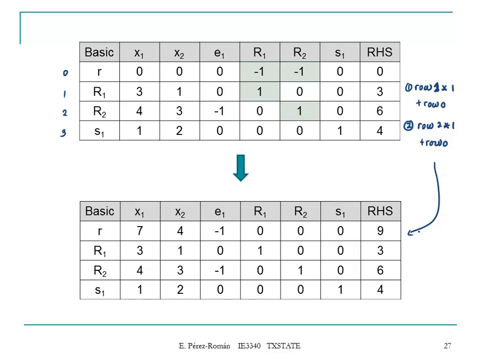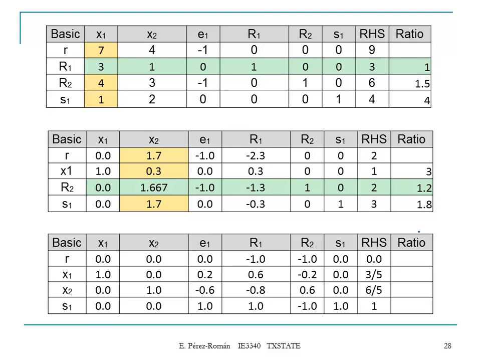So if you go to the next slide, you will see the operations that we need to perform in order to get the optimal solution for the phase 1 of the two-phase method. So we find our pivot here for the first iteration is this one. So this guy is going to enter X1. R2 is going to leave the basic solution.